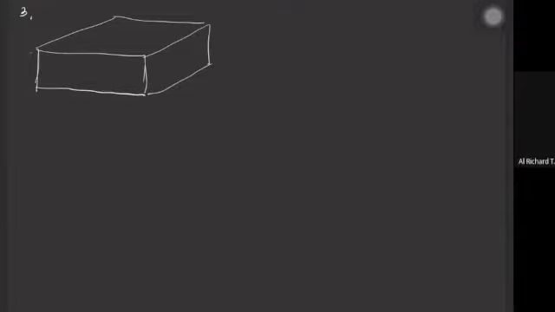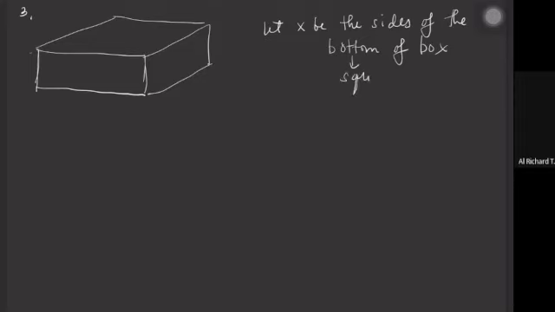A rectangular box. So we make an assumption. Let x be the sides of the bottom part of the box. Since the bottom is a square, this should be x and x.